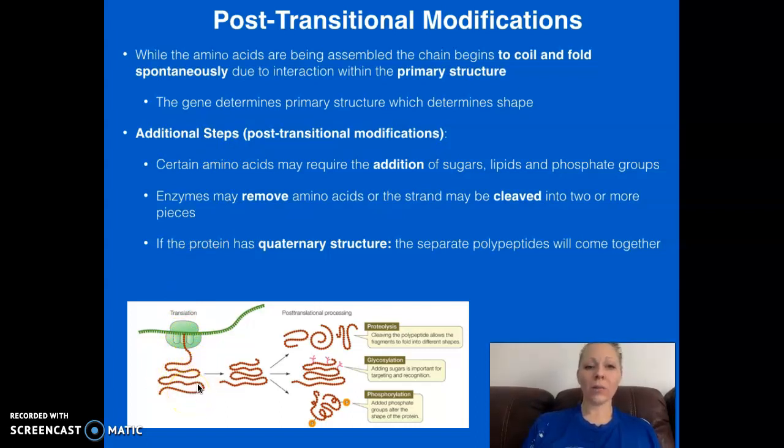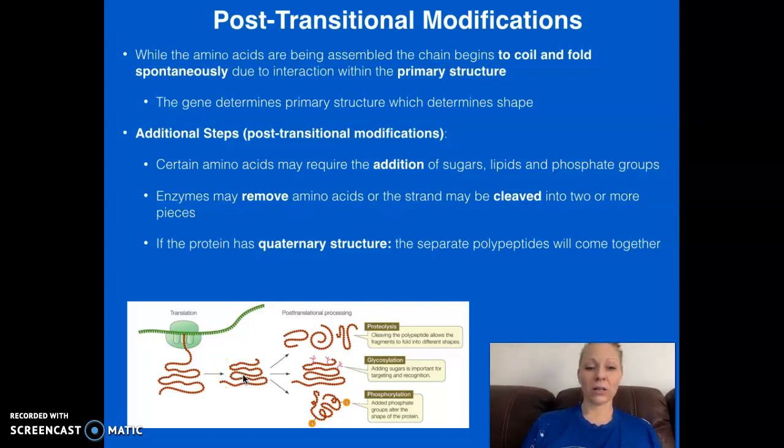And so while amino acids are being assembled, they're going to immediately start to coil. We have learned about primary, secondary, tertiary, quaternary structure. This is what's going to happen. Those intermolecular forces, those hydrogen bonds, are going to start to interact, and they're going to start to form their 3D shape.